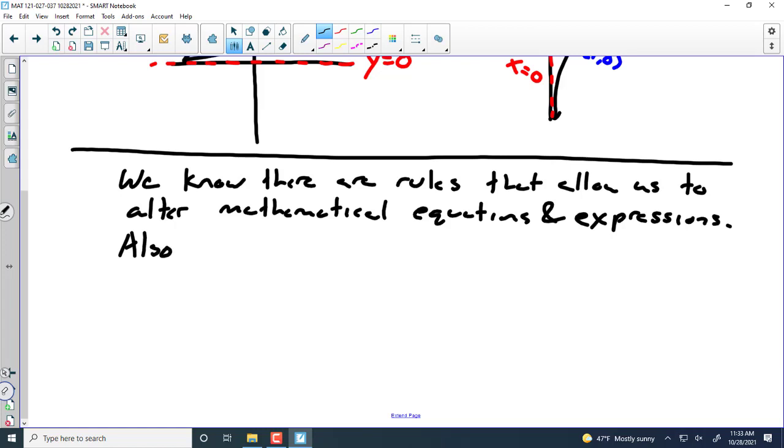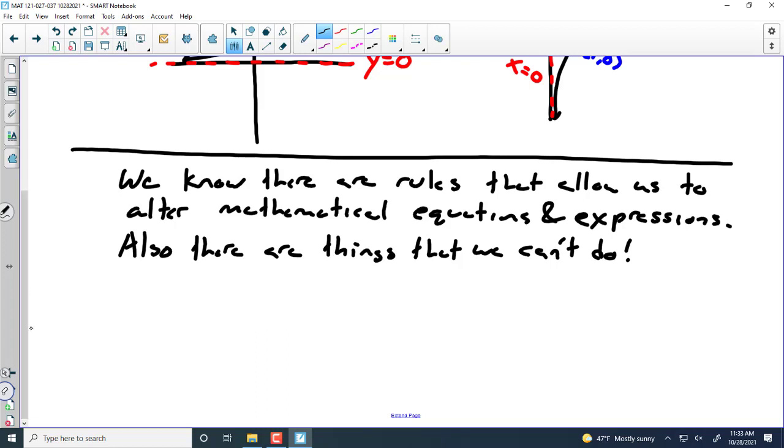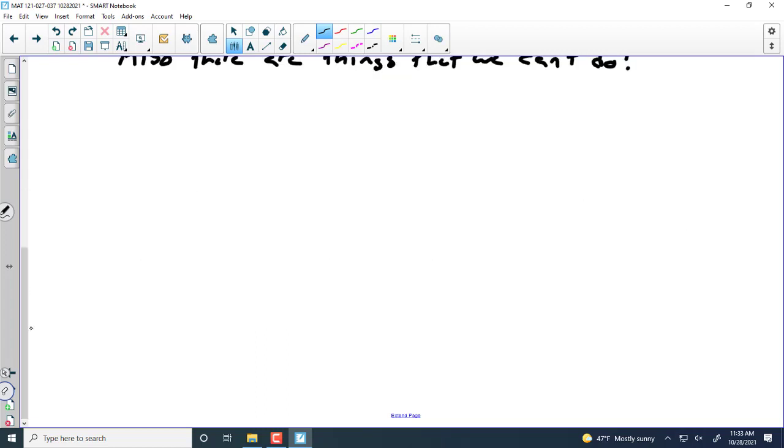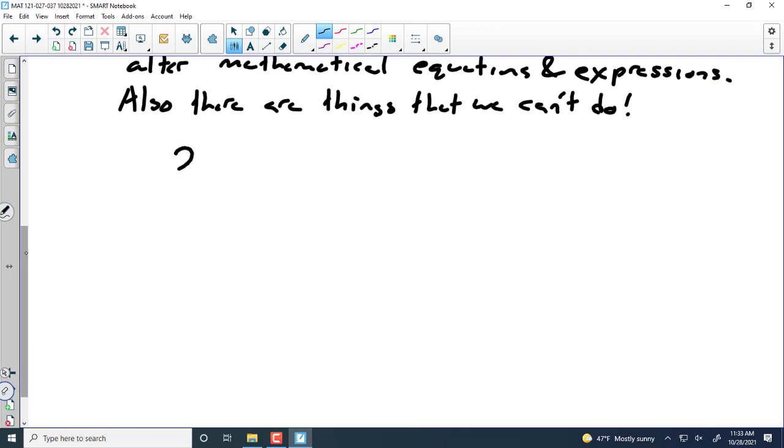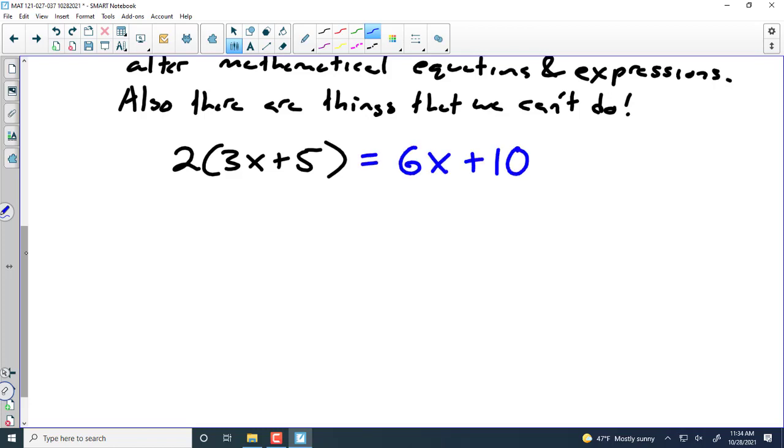Also, there are things that we can't do. For instance, everyone, am I allowed to multiply this 2 by this 3x, multiply this 2 by this 5, and distribute it through? That's something I can do. That's the distributive property. We're definitely allowed to do that. That's cool.